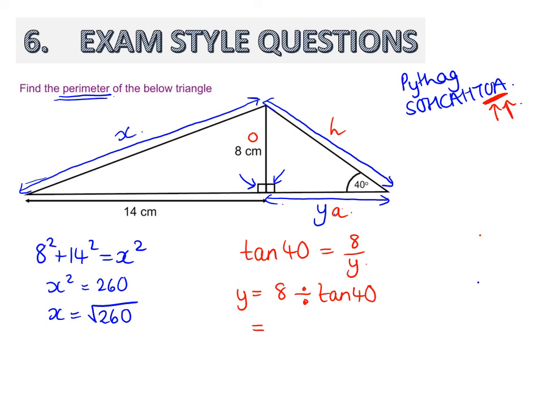And so I find out that y is equal to 9.5340287. Now I've just kept quite a few decimal places in there so that my final answer is really accurate. And then the very last bit is to work out this final side, which I'll call z. So this time, again, I'm using this right hand side triangle.